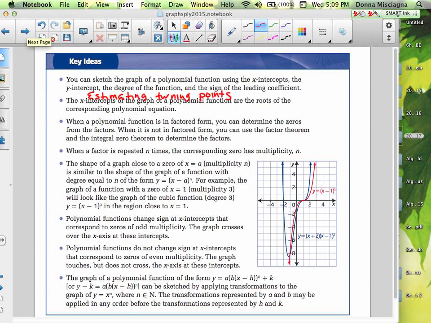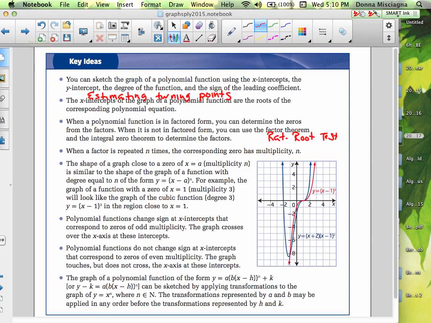In other words, once you have it factored, you set factors equal to 0 and solve for x. When a polynomial function is in factored form, you can determine the zeros from the factors. When it's not in factored form, you can use the factor theorem or rational root test to determine the factors. When a factor is repeated n times, the corresponding zero has multiplicity n.